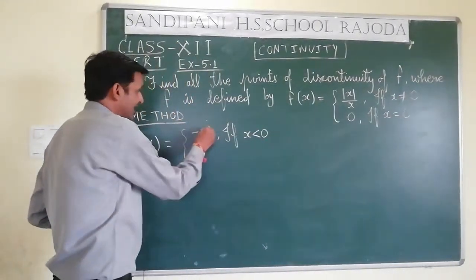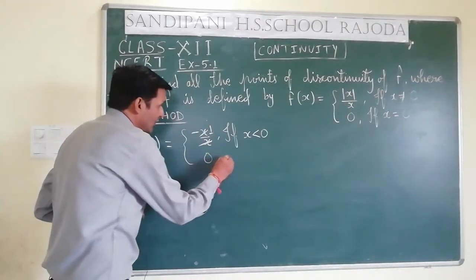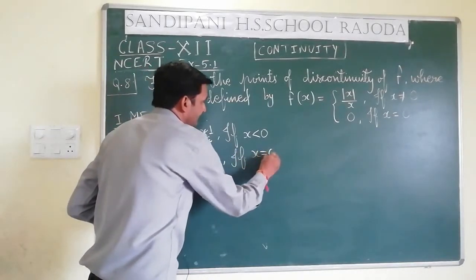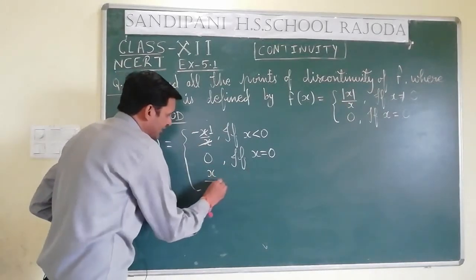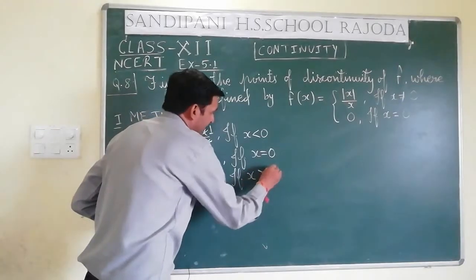So, this x is cancelled by this x, it is minus 1, and at x is equal to 0 it is 0 only. Now, in case of greater than 0 it is positive x upon x if x is greater than 0.